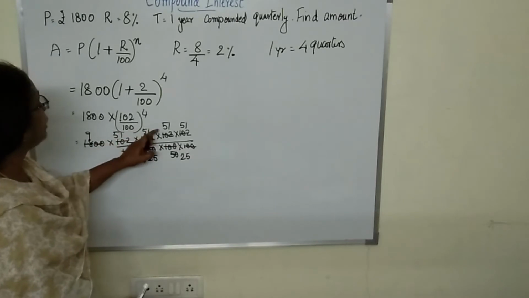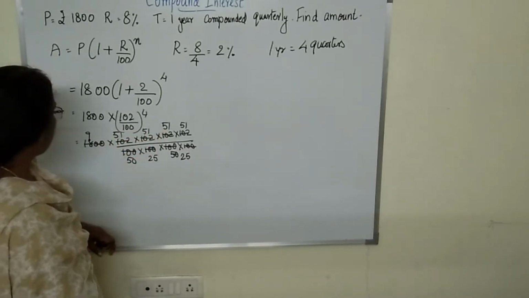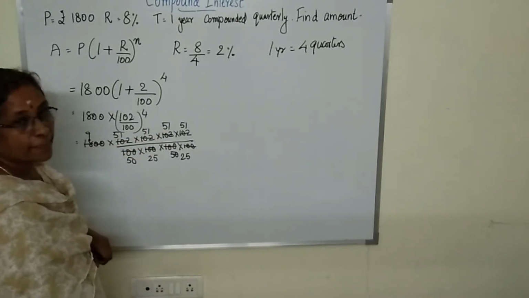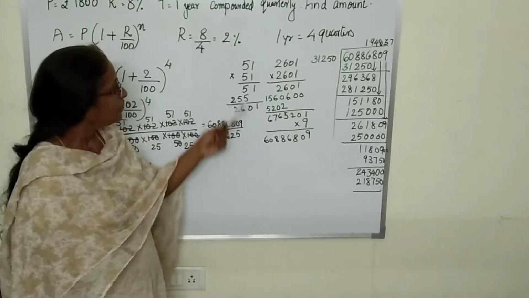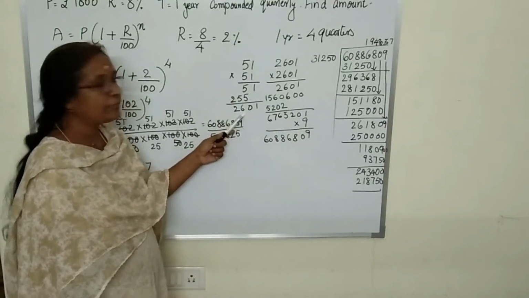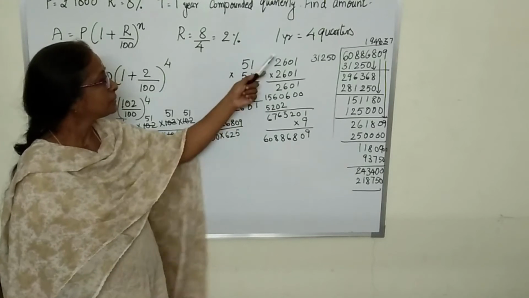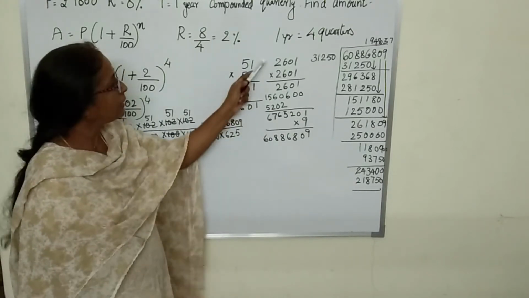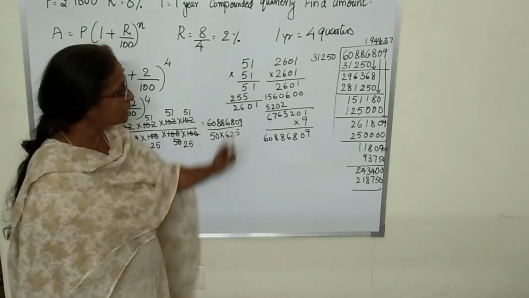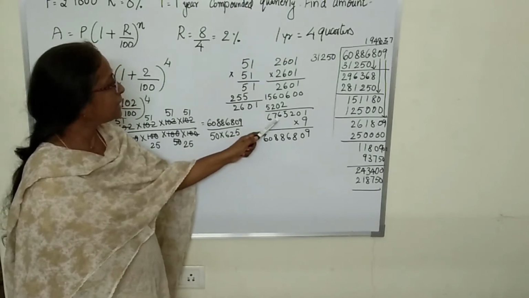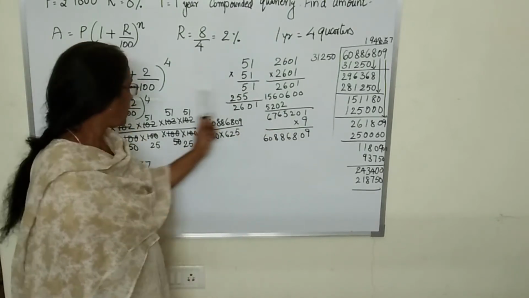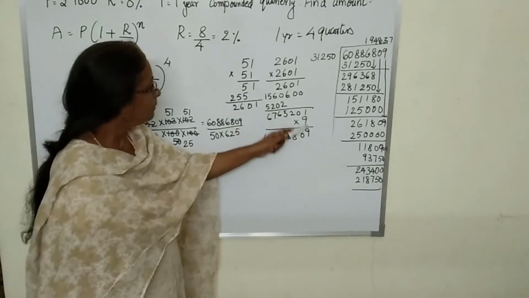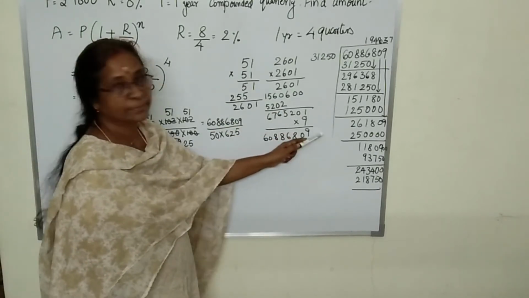51 into 51 into 51 into 51 multiplied by 9. When we multiply 51 by 51, we get 2601. Because 4 times 51, we multiply 2601 by 2601. We get 6765201. And then we have a 9. Multiply it, we get this number.